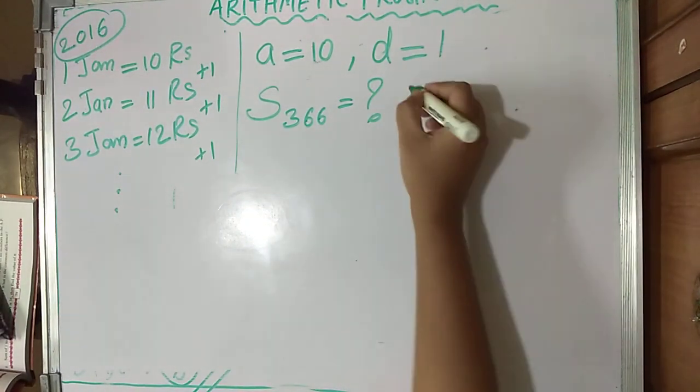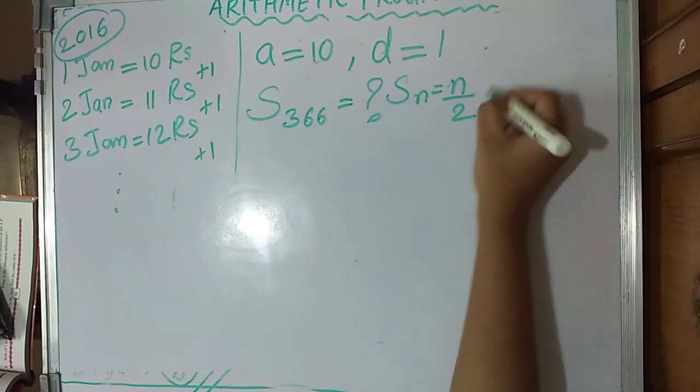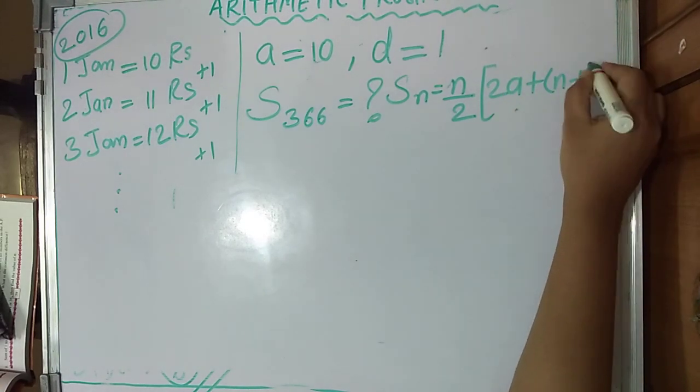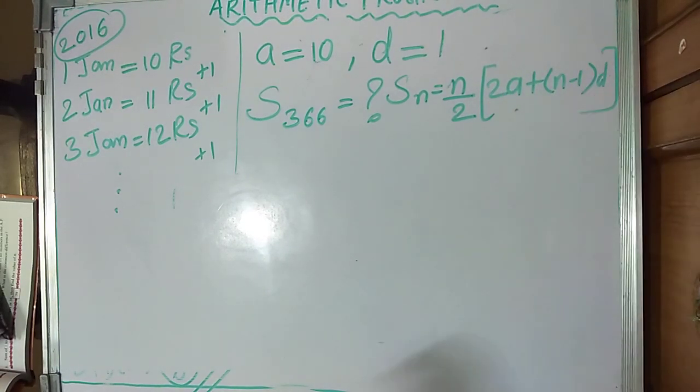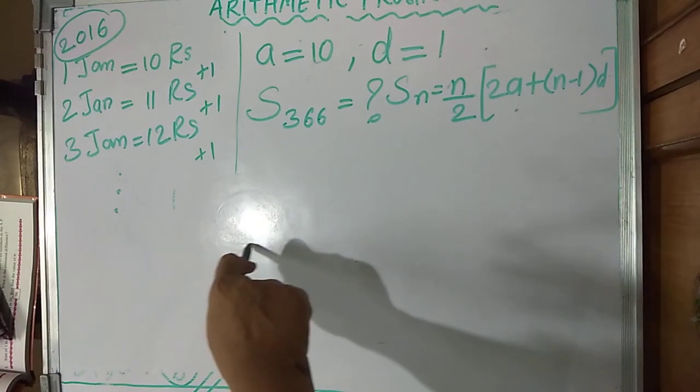The formula of Sn is n upon 2, 2a plus n minus 1 into d. This is the formula. Now we need to substitute the values over here.